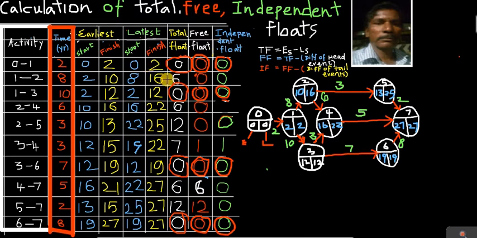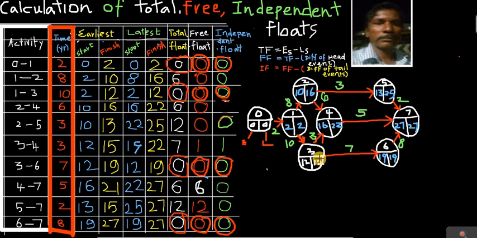That's what we are seeing here: 8, 16. Now come to the activity 1, 3. In this activity, what is the latest start and what is the latest finish? That's what we have to calculate.